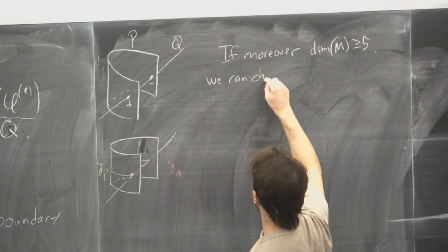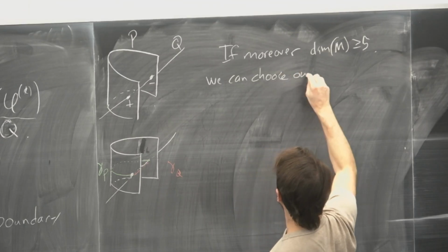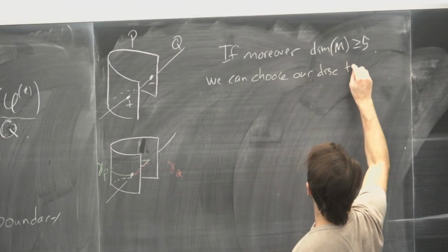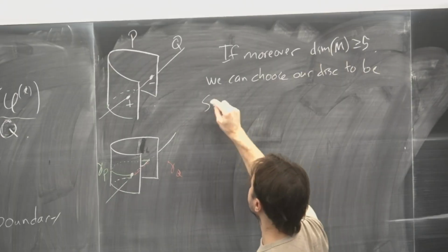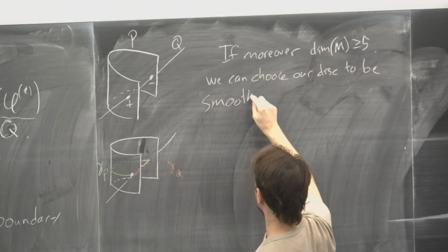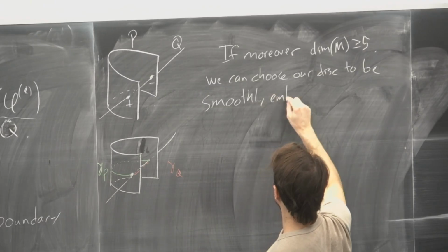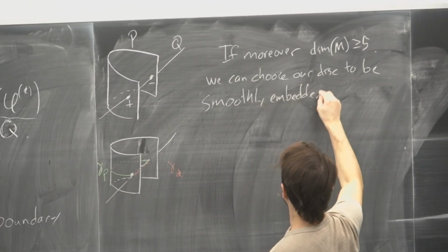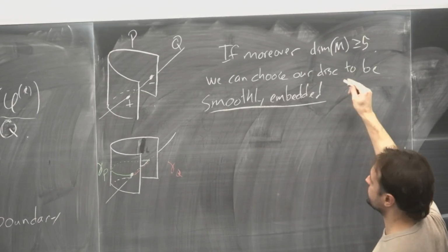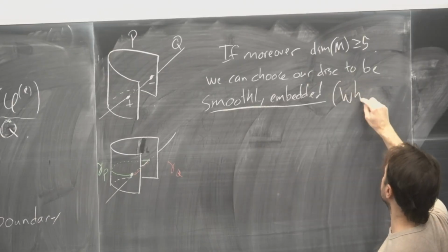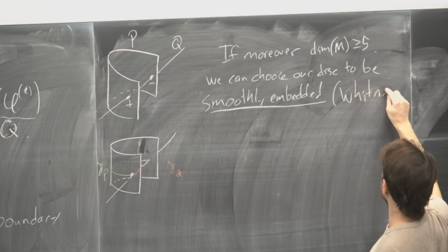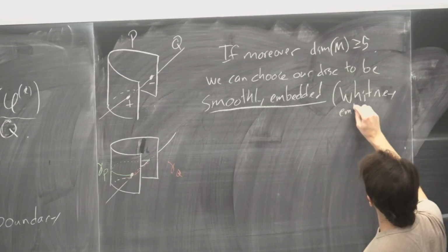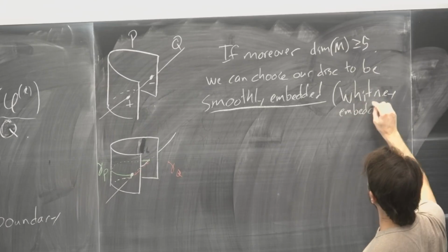You can choose a disk to be smoothly embedded. Like I said, this is due to Whitney, the Whitney embedding.